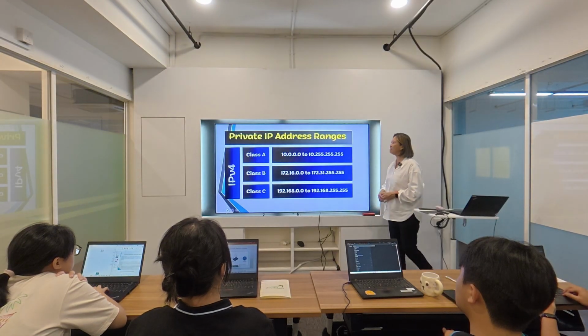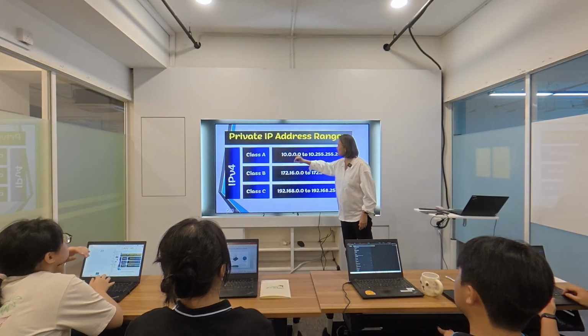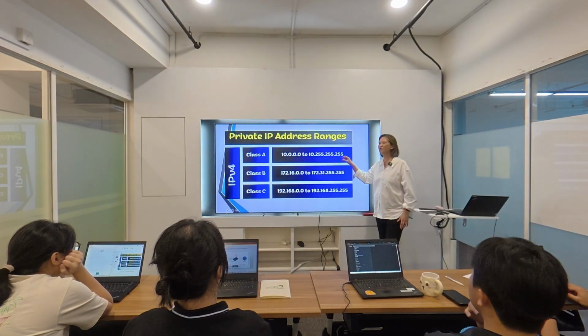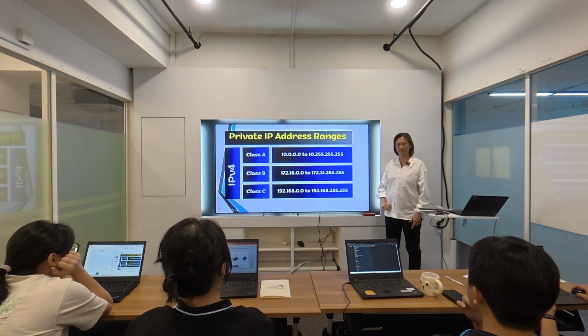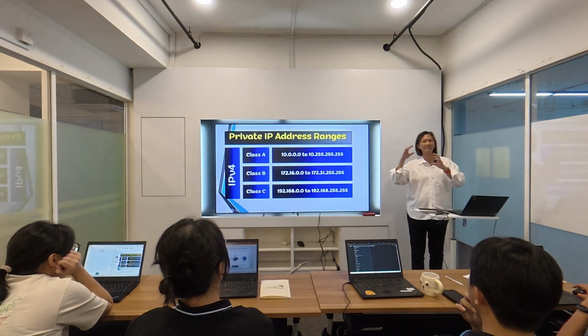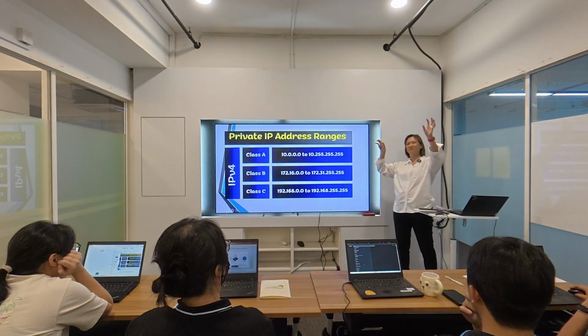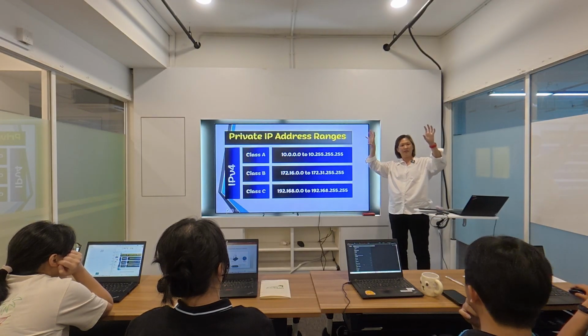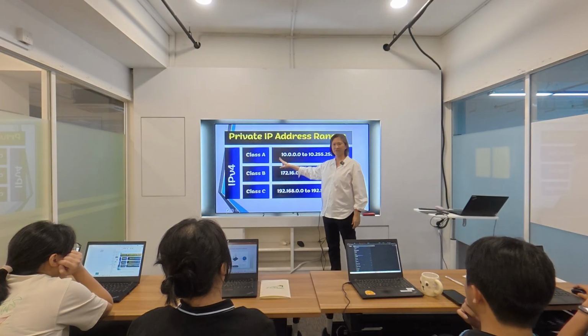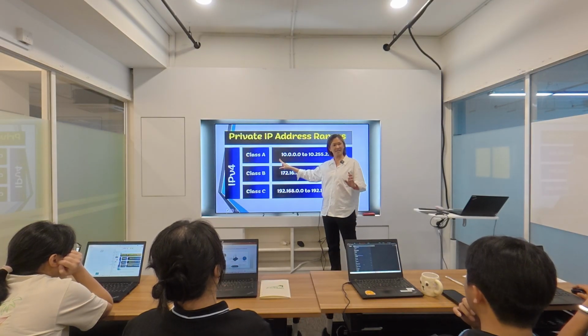So you have class A. If you use a class A address, the range has to be from 10.0.0.0 to 10.255, which means you cannot use 11. Now 11 is still class A. Why? Because 11 is still between decimal 0 to 127, remember? So the first octet 11 means it is actually class A, right?